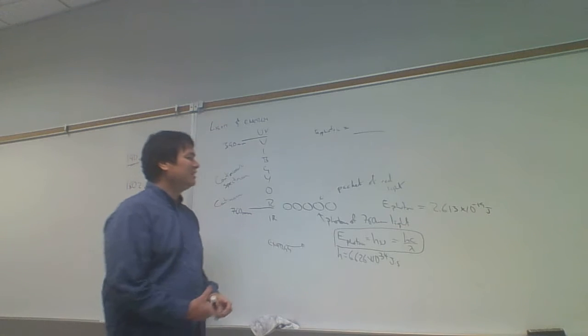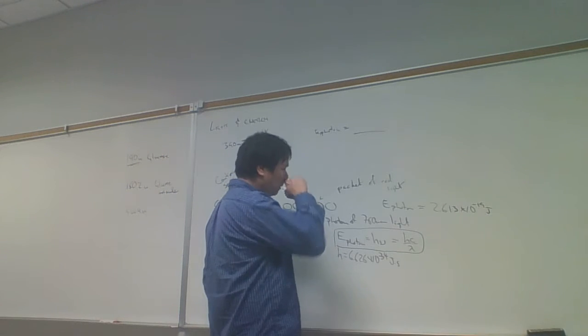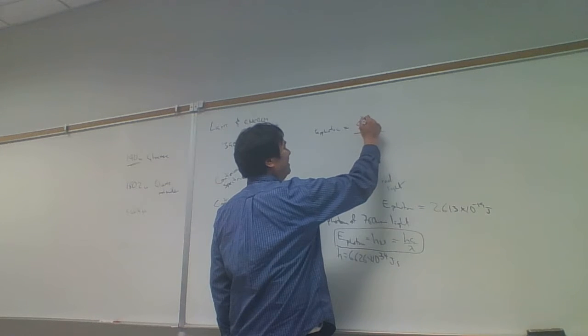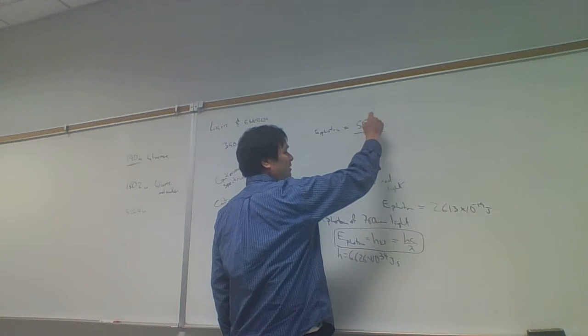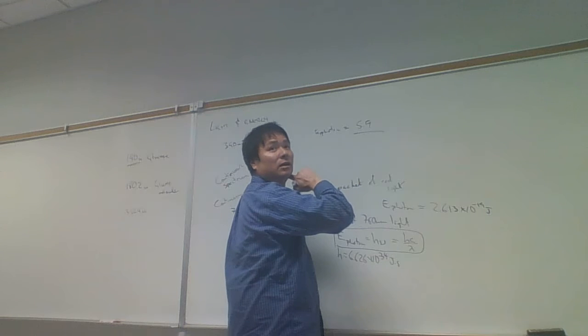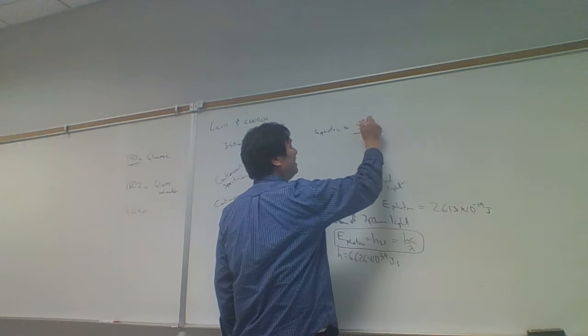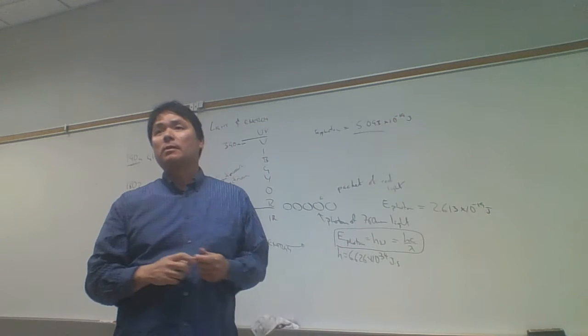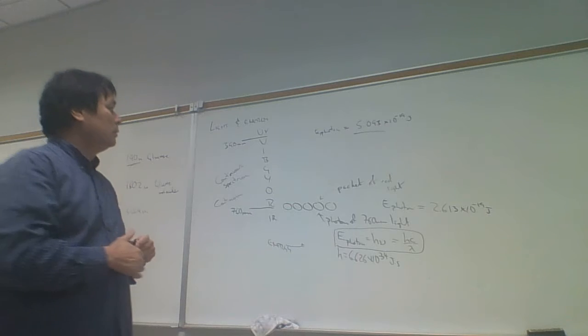How about at violet? What's the size of the packet here? 5.093 times 10 to the minus 19 joules. Okay. So let's compare.